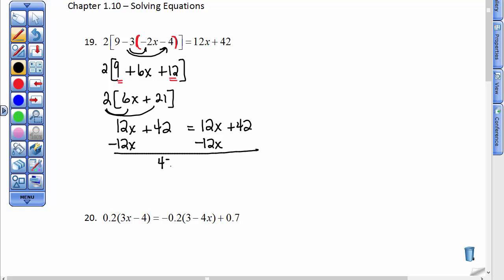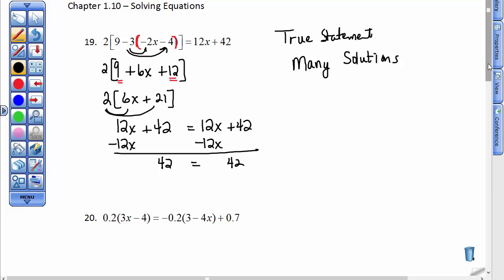And what you have is 42 equals 42. If you get a true statement and you lose the variables, then you have many solutions to this problem. It's called an identity. The left side is just like the right side, or they are identical. So many solutions is all you need to tell me.